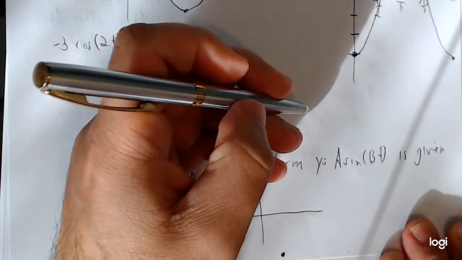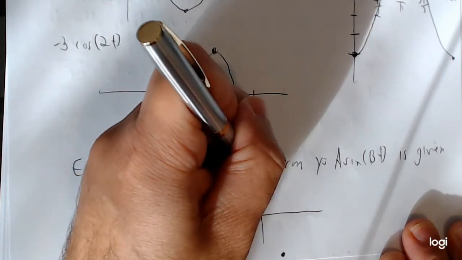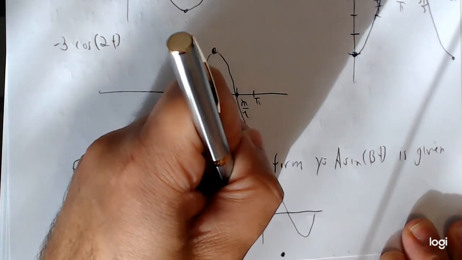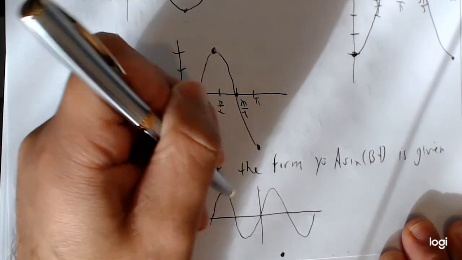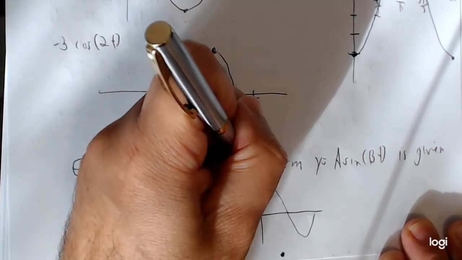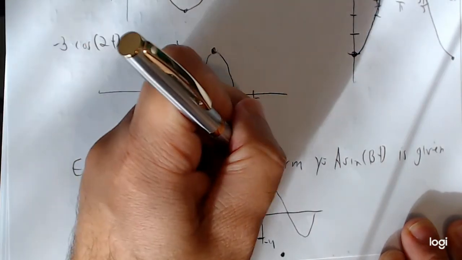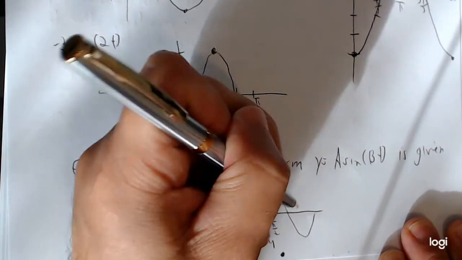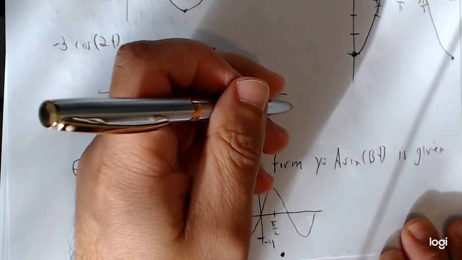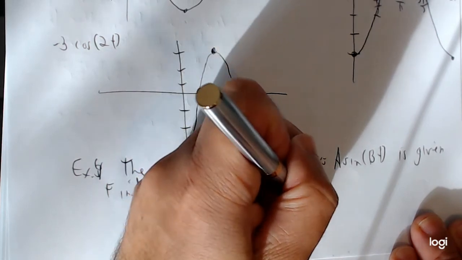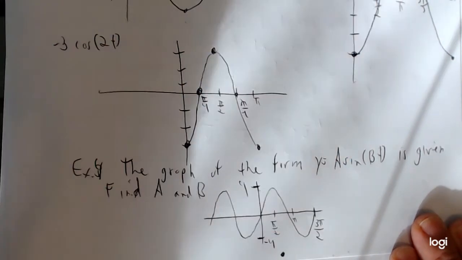So the graph is this. This is 4, negative 4. That's pi over 2. Pi, 3 pi over 2.